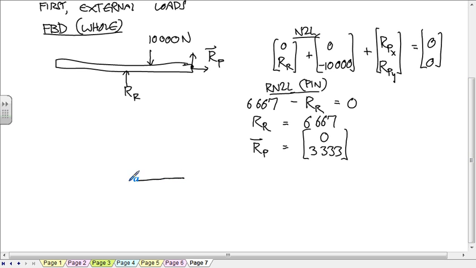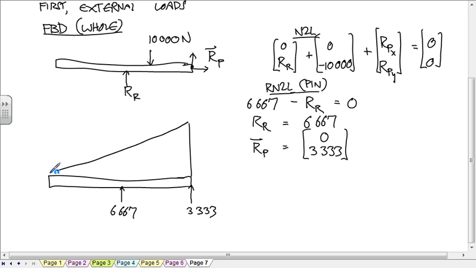So we have an upward force in the middle of 6,667, an upward force at the end of 3,333, and a triangular distributed load with a height of 10,000 newtons per meter. And now we're ready to do the cuts.